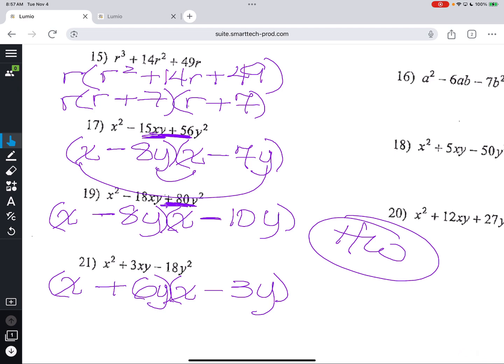You can get it done. It's textbook, page 493, 18 through 34 even.